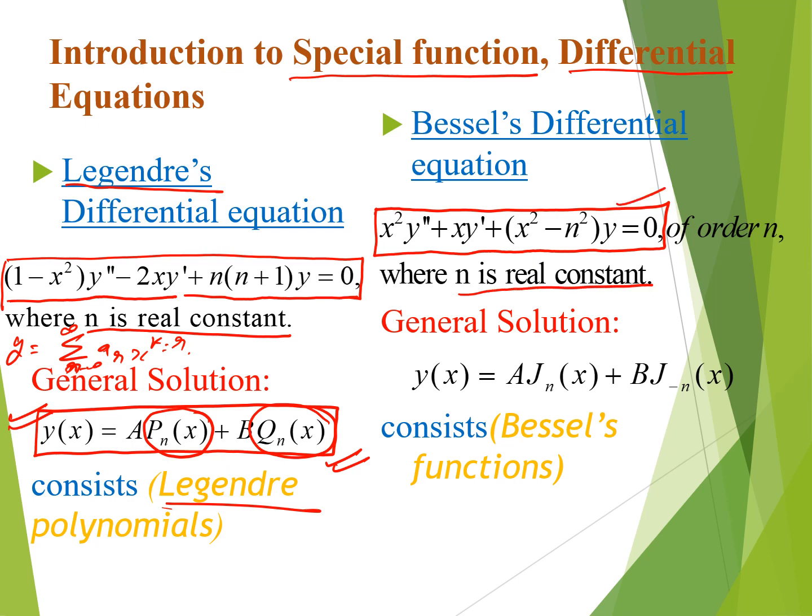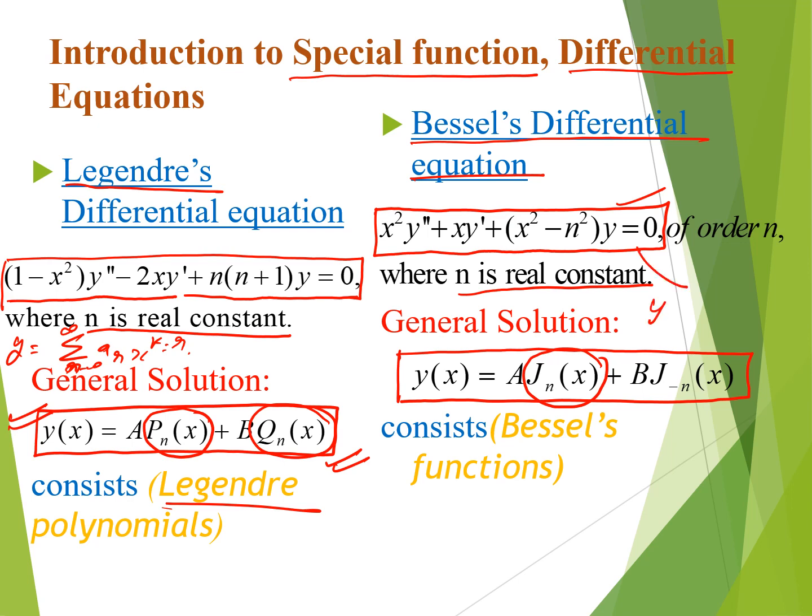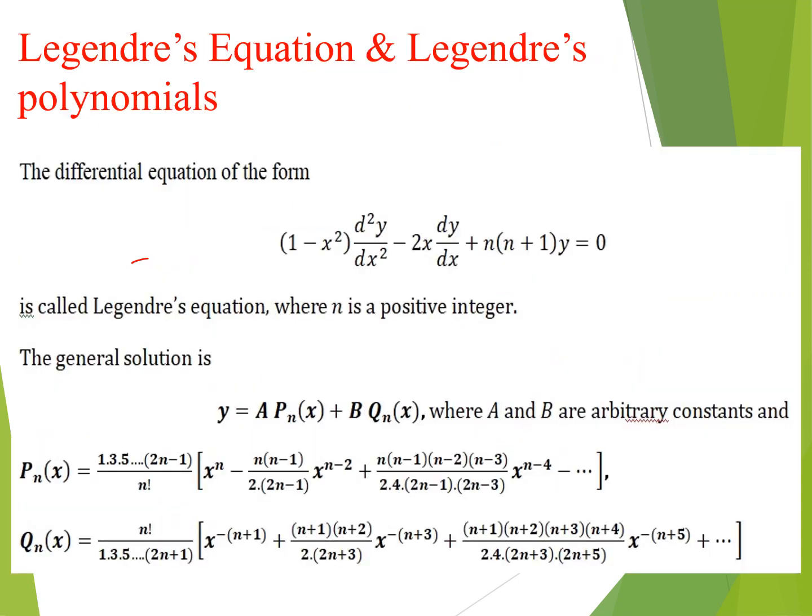This equation is called Bessel's differential equation, and the general solution for it is y is equal to a Jn(x) plus b J(minus n)(x), where Jn(x) is the Bessel function. Again, for solving this equation by using the series solution, that means y in terms of summation, r is equal to 0 to infinity, we obtain this general solution for Bessel's equation.